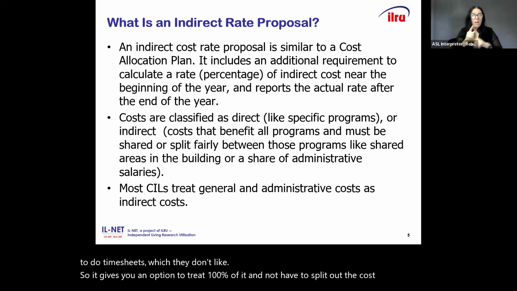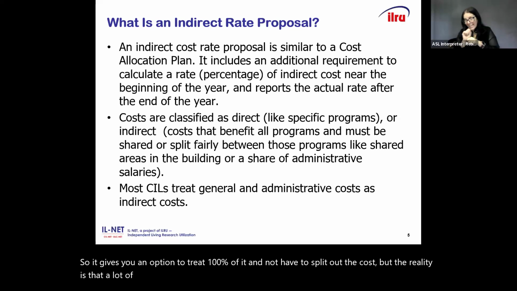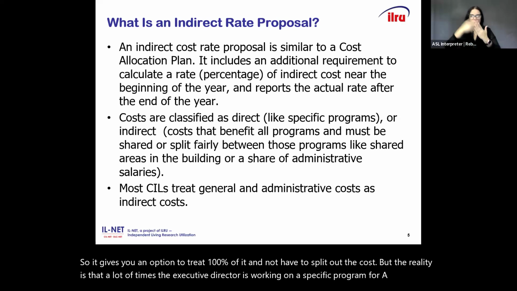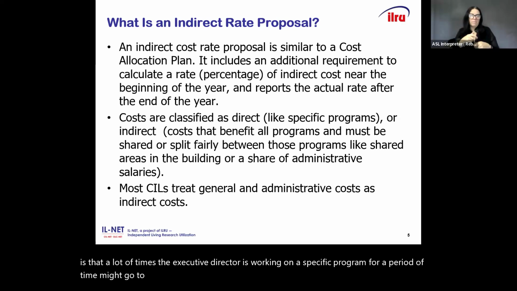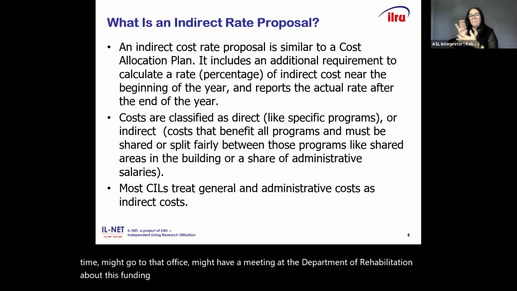But the reality is that a lot of times the executive director is working on a specific program for a period of time. Might go to that office, might have a meeting at the Department of Rehabilitation about this funding for this program.